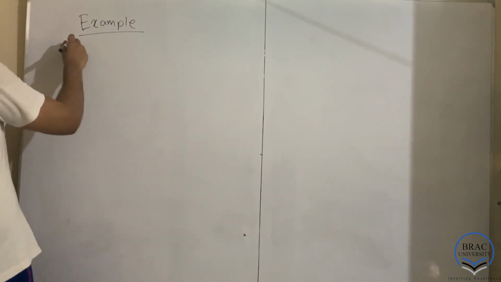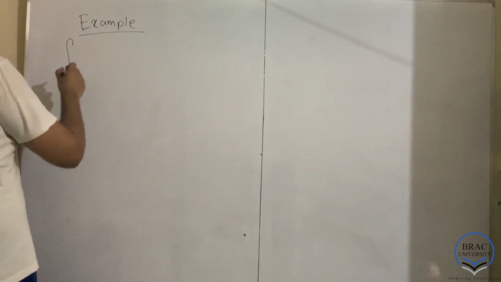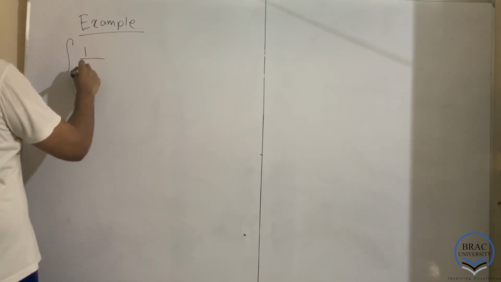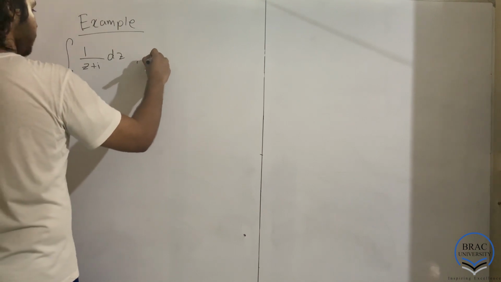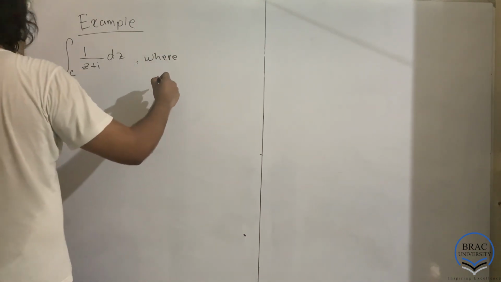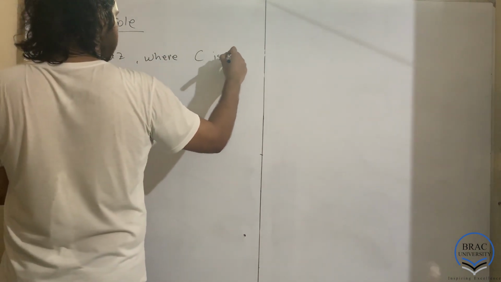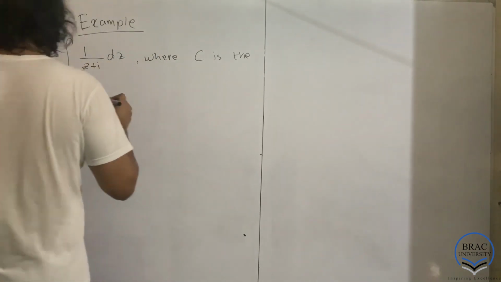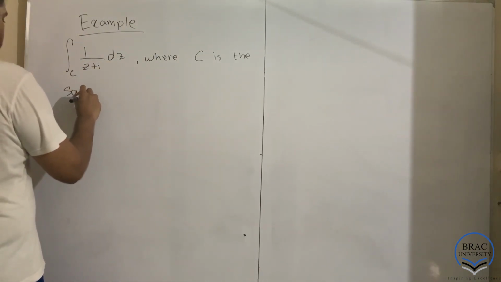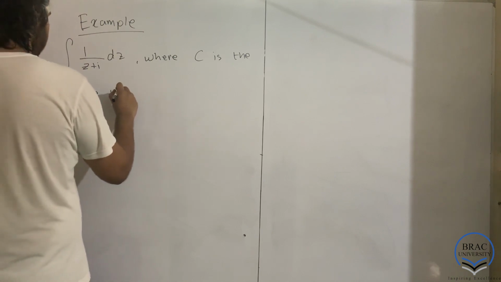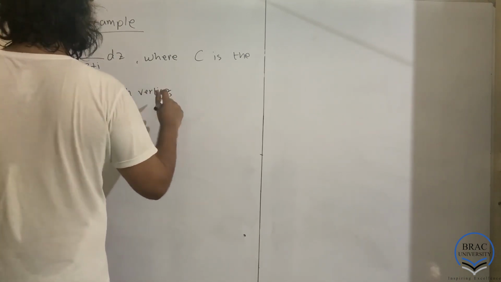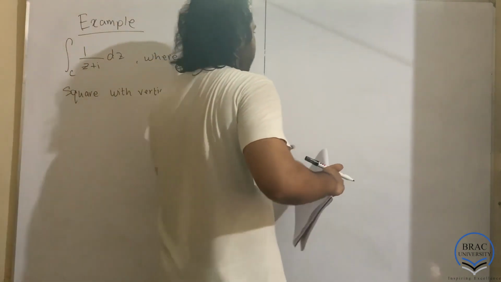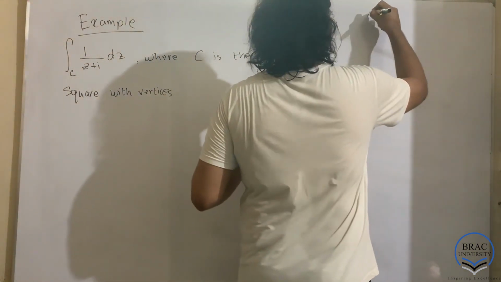You're asked to find the value of this integral of 1 over z plus i dz, where C is the square with the following vertices. I will not write it here and then write it again, I'm going to draw it.